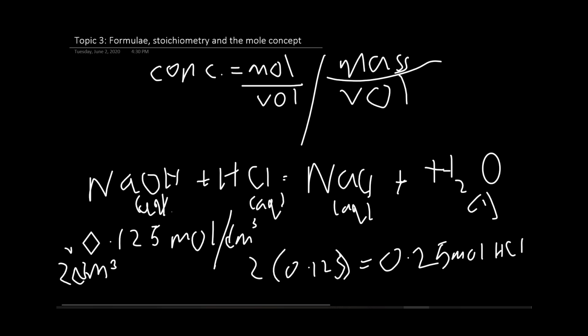Right. Now, from our reaction, we see 1 mole hydrochloric acid reacts with 1 mole sodium hydroxide. That is, 1 mole sodium hydroxide is needed to neutralize 1 mole hydrochloric acid. So, to neutralize 0.25 mole of hydrochloric acid, you will also need 0.25 mole NaOH, since the molar ratio is 1:1, right?